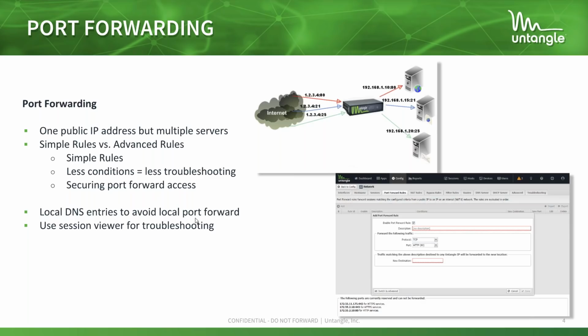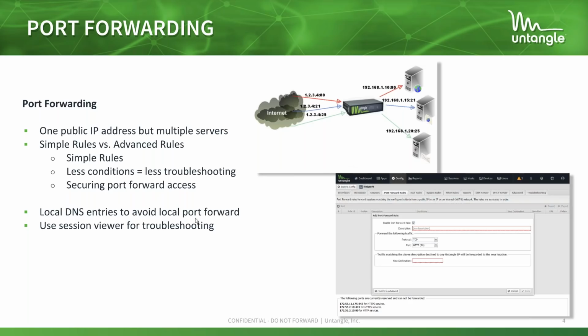If you switch to the advanced rule option, you can add additional conditions to that rule. So it's not restricted to just traffic coming in on any external interface to wherever you tell it to go. You can do things like specifying only specific source addresses can access, or if you have multiple WANs, you can have it only work on a specific WAN interface, or if you have one WAN with multiple IP aliases tied to it, you can specify that specific alias so that they don't have access to all of your IP addresses.